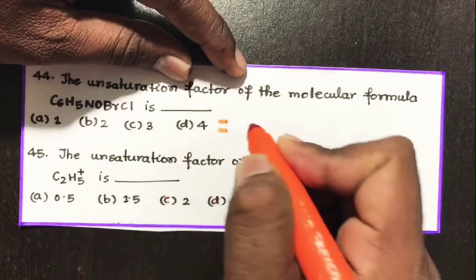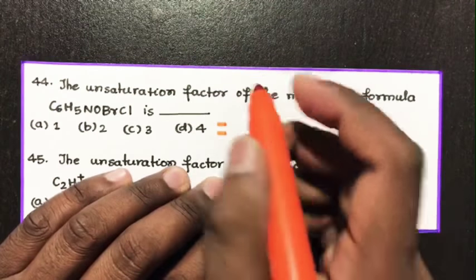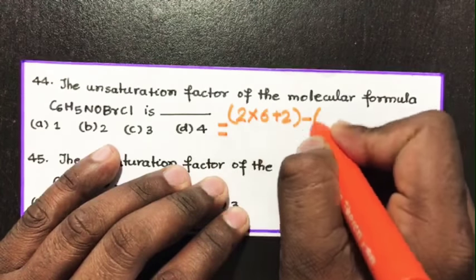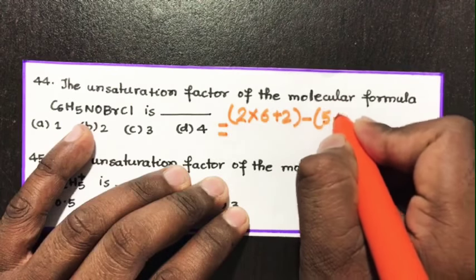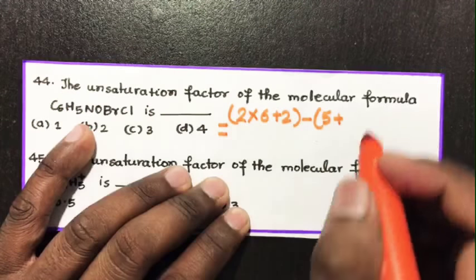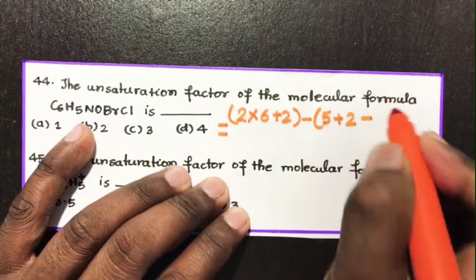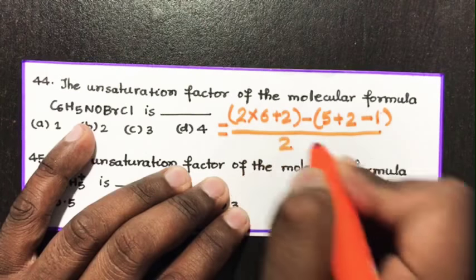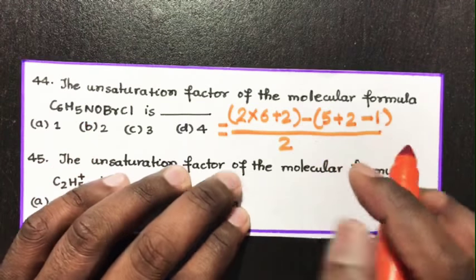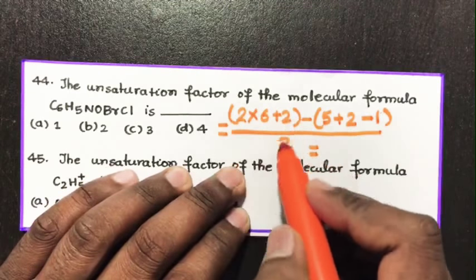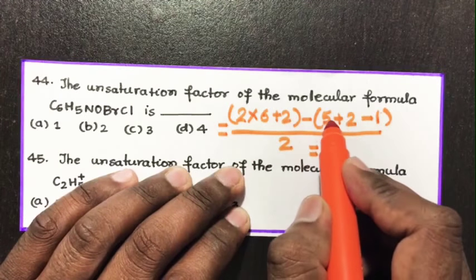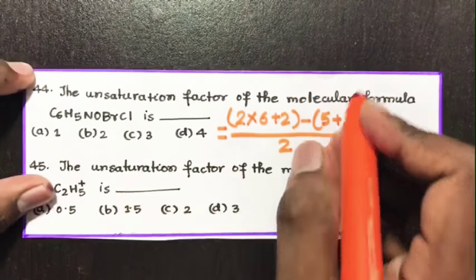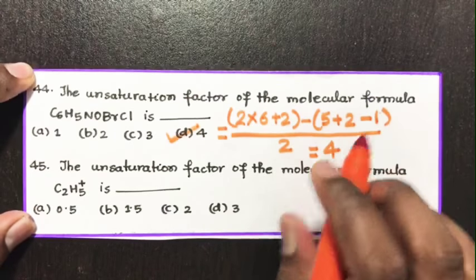For the calculation of DU, we need the number of carbon atoms, that is 6, so 2 into 6 plus 2, minus number of hydrogen atoms, that is 5, plus number of halogen atoms, that is Br and Cl here, so 2, minus number of nitrogen atoms, that is 1 here, and divided by 2. Now if you find the value of this, it will be 12 plus 2, that is 14, minus 6, that is 8, divided by 2, that will be equal to 4, and the correct answer in this case is 4.